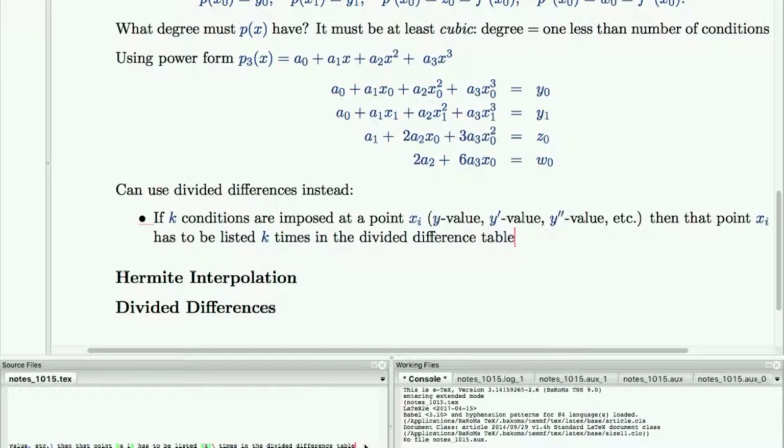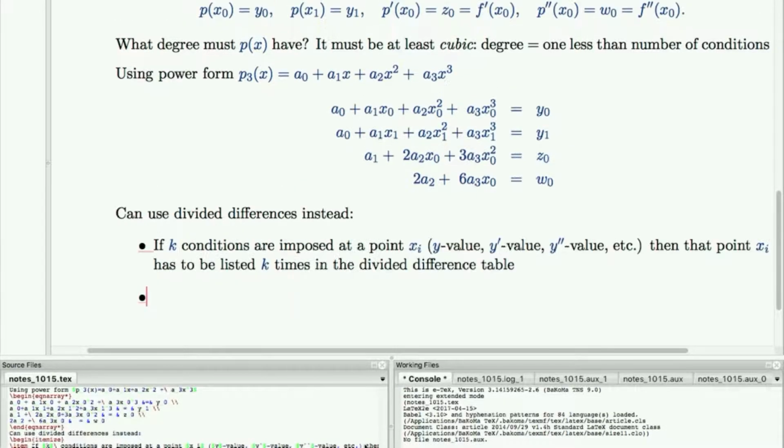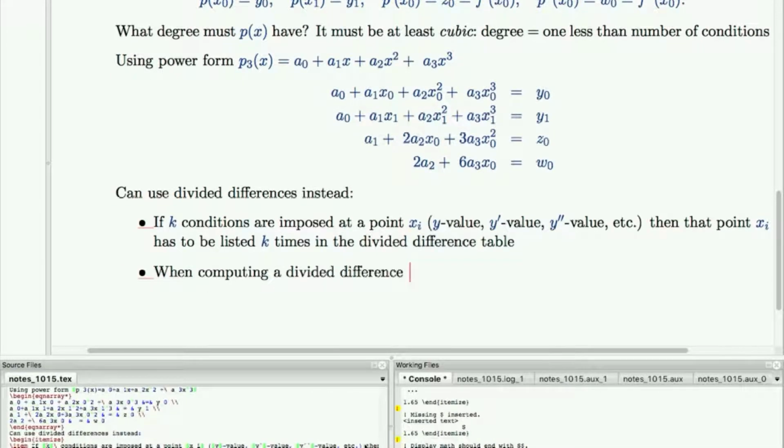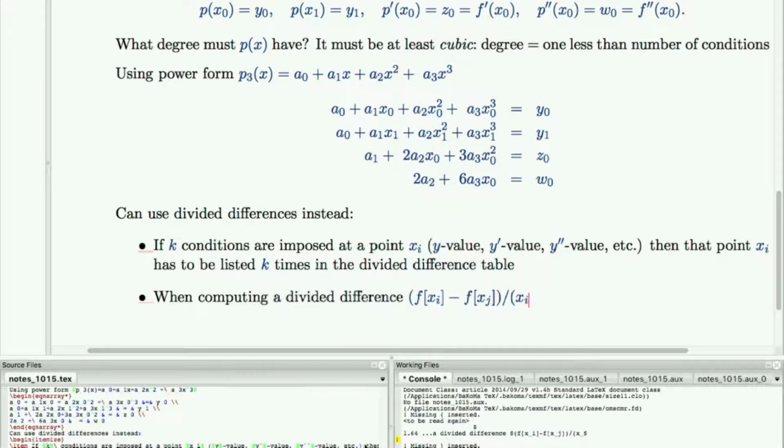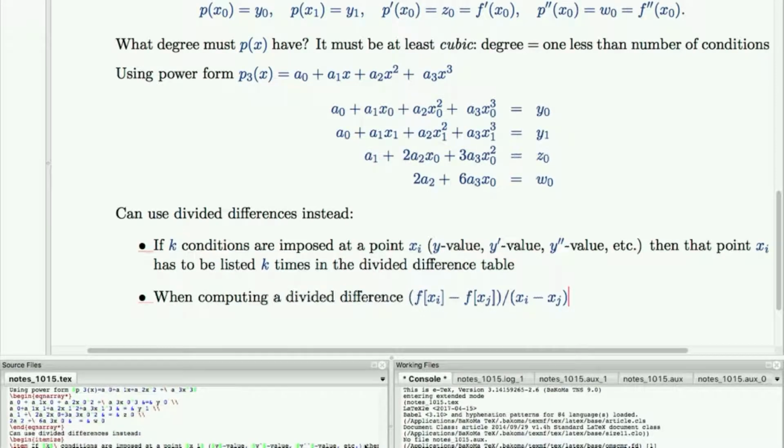Now, once those are listed accordingly, then you go through the same divided difference process with this exception. When computing a divided difference where you have something of this type, f(xi) minus f(xj) over xi minus xj. Now, most of the time you'll just compute this as is, like before.